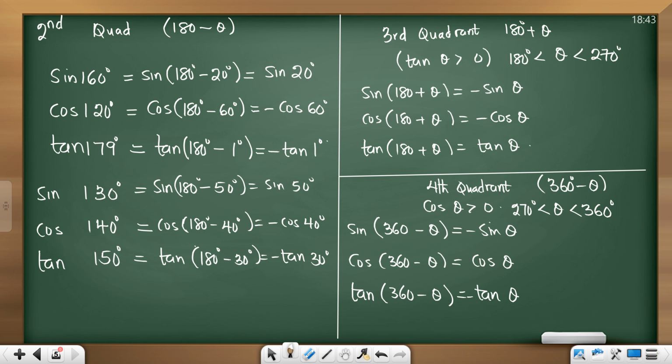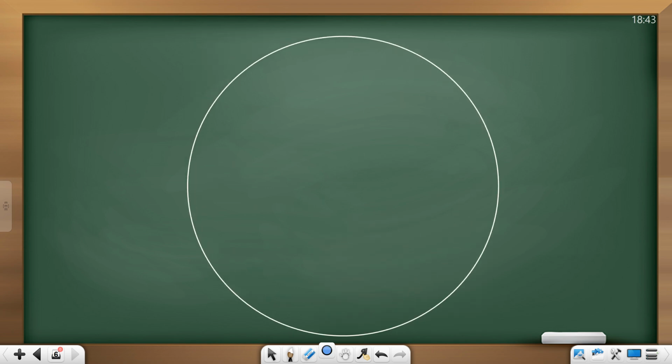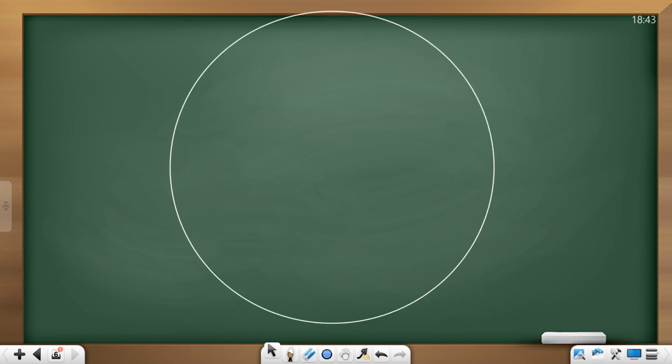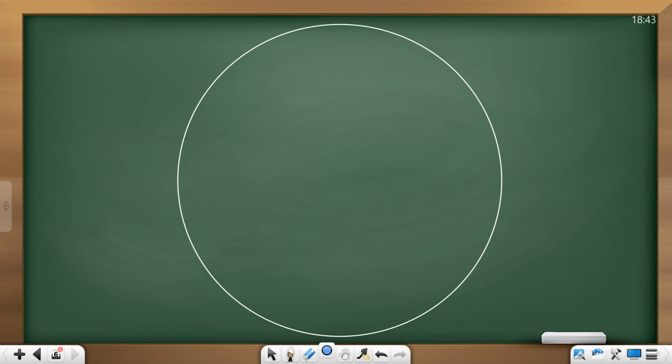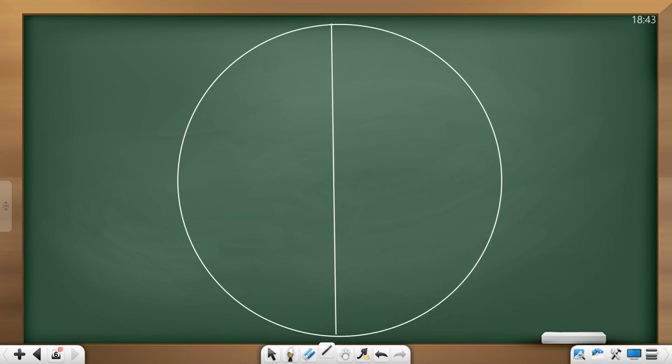Okay, let's put all of this information in one page. So you have a big circle there. Divide it into four quadrants.